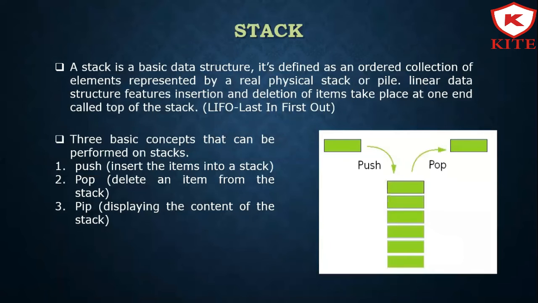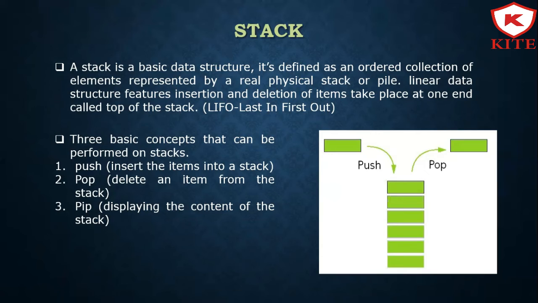Now next one is a stack. A stack is a basic data structure. It's defined as an ordered collection of elements represented by a real physical stack or a pile. It is a linear data structure where insertion and deletion of items take place at one end called the top of the stack.